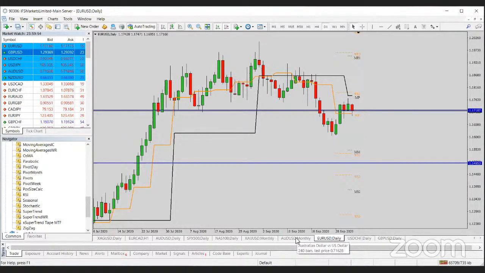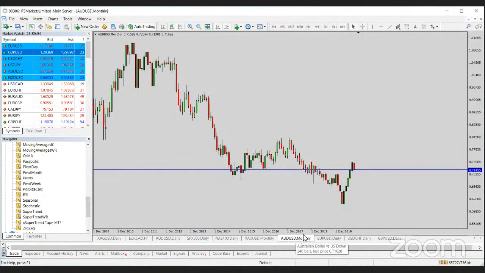Another thing that I want to have a look at is Aussie dollar. Another one that Julian mentioned. And again, really, in order to do my analysis, especially at the beginning of the month, it is really, really important to look at the monthly time frame.